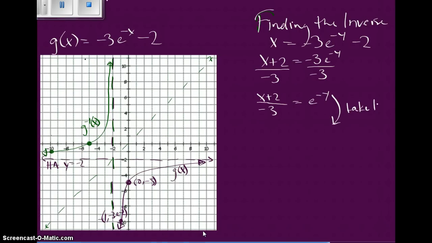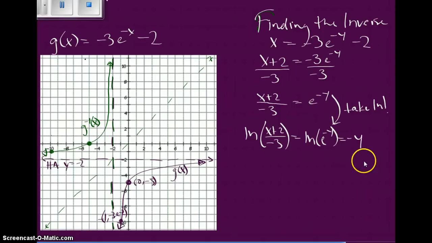I'll take natural log because I have e as my base of the exponent. And that will give me natural log of the left side equals natural log of the right side. But natural log of e to the negative y is just negative y. Because we know anytime we have natural log of e to the something, whatever that something is in the exponent, that's what natural log gives us as its output.